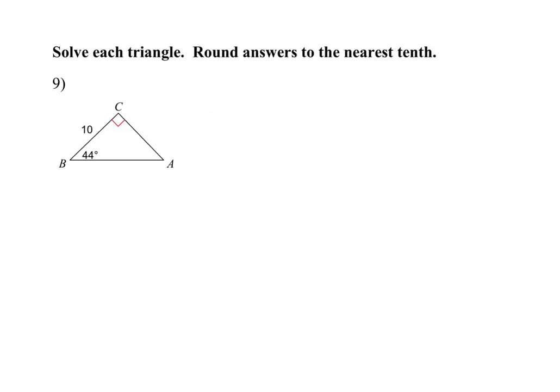So if it says specifically find a side, you're going to use your trig function. If it says find an angle, you're going to use your inverse trig function. If it says solve the triangle, you're going to have to do whatever you need to do to solve for the triangle. In this case, if I'm solving a triangle, then I want to make sure that I know angle A, angle B, angle C, side length A, and I'm just going to label them opposite like that.